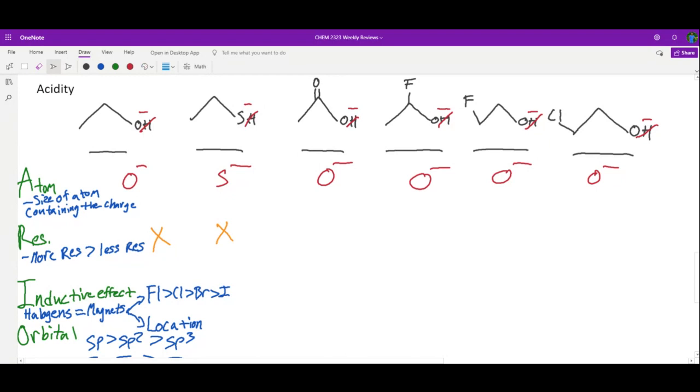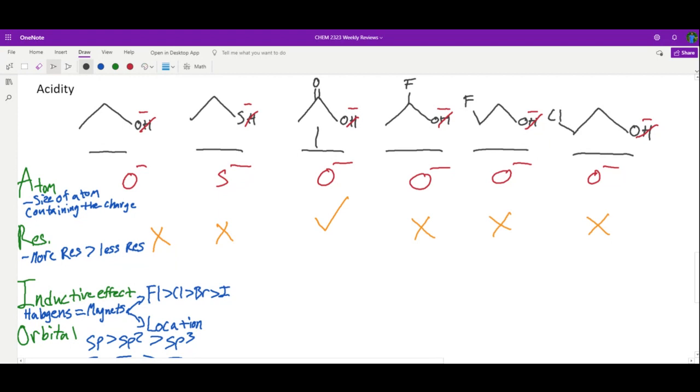The middle one is a carboxylic acid, if you remember from the functional groups. This one does have resonance, and the rest do not. Because only one compound has resonance, it is automatically number 1, the most acidic compound out of these 6 compounds.